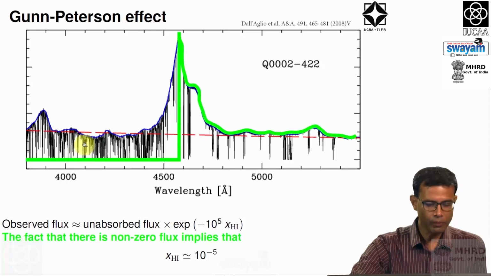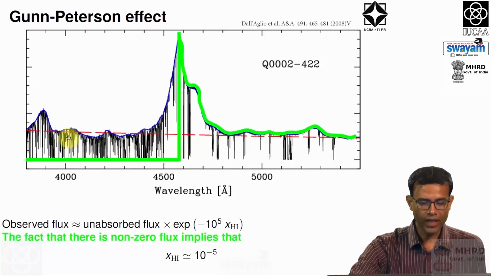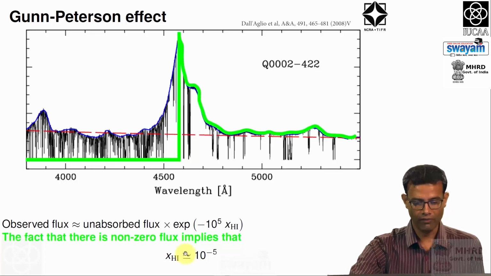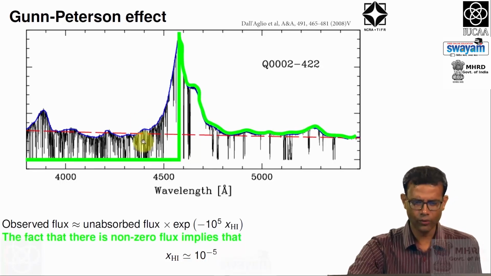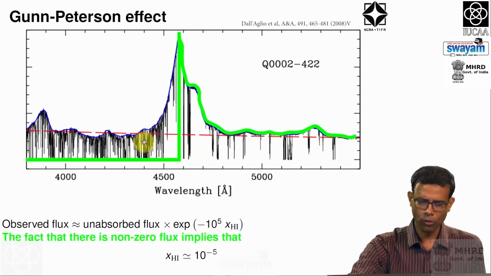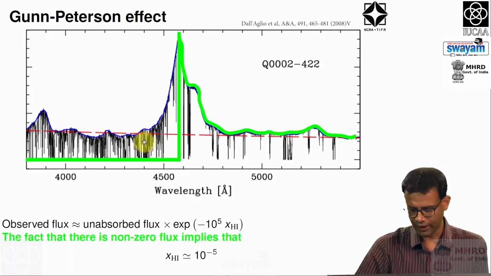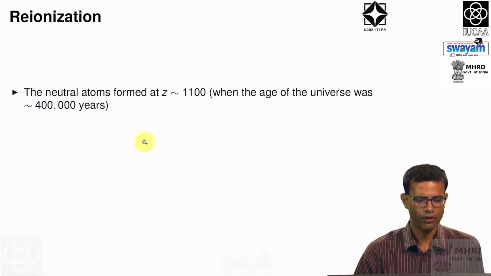Just by looking at the spectrum, you are telling that the universe here is actually very highly ionized. Only 1 atom out of 10 to the 5 is in the neutral form, everything else is ionized. So, that is telling you that the universe is more or less in the plasma form, the intergalactic medium is more or less in the plasma form.